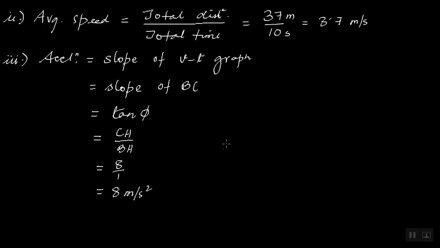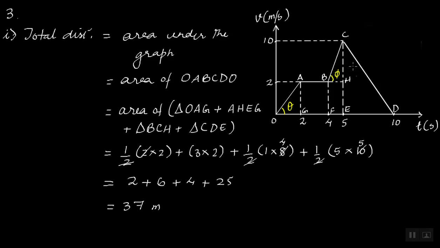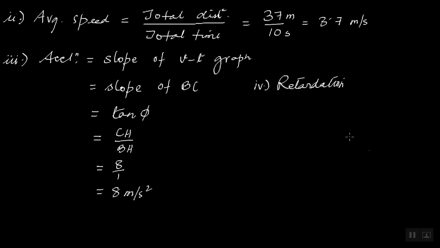And we have to also find the retardation. Let me write here number 4. Retardation. Retardation basically is negative acceleration, right? And if you look at this diagram here, where is the acceleration negative? In this slope, CD. So that means the retardation is equal to the slope of CD. Got it?